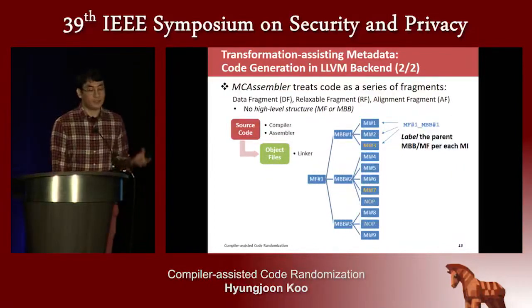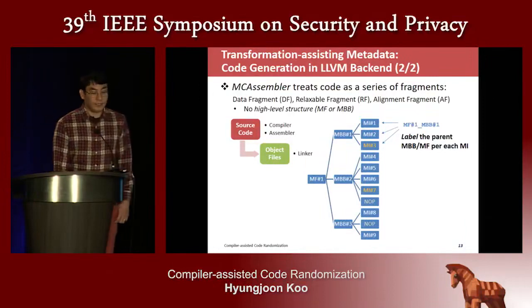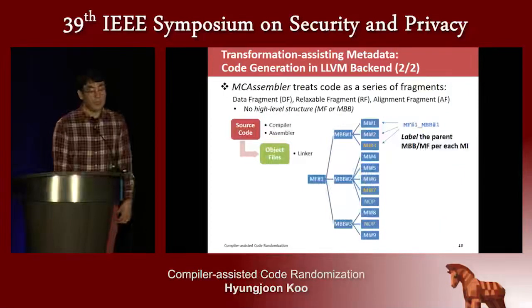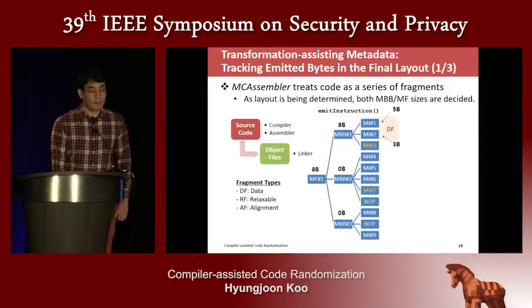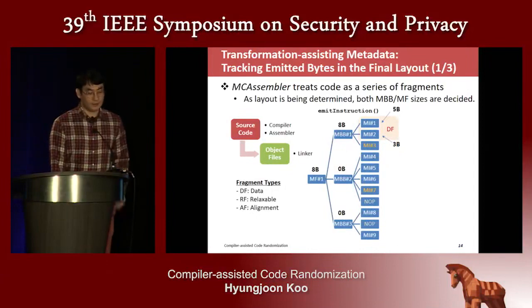For example, here, machine instructions number 1, 2, and 3 belong to basic block number 1 and function number 1. So that's why we label them as machine function number 1 underbar BB number 1. And as the layout is being determined, there is an internal function called emit instruction that decides both machine basic block and machine function sizes.